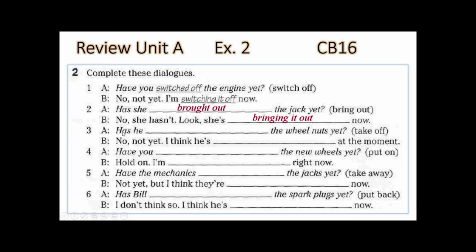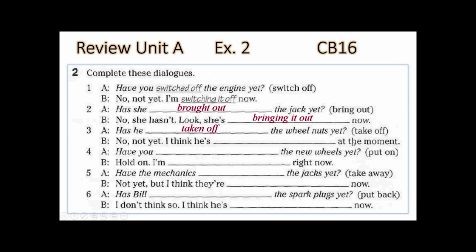Number 3, this question is in the present perfect. So we need the past participle of the verb, which is taken off. So we have: has he taken off the, space, yet? So B. No, not yet. I think he is, space, at the moment.